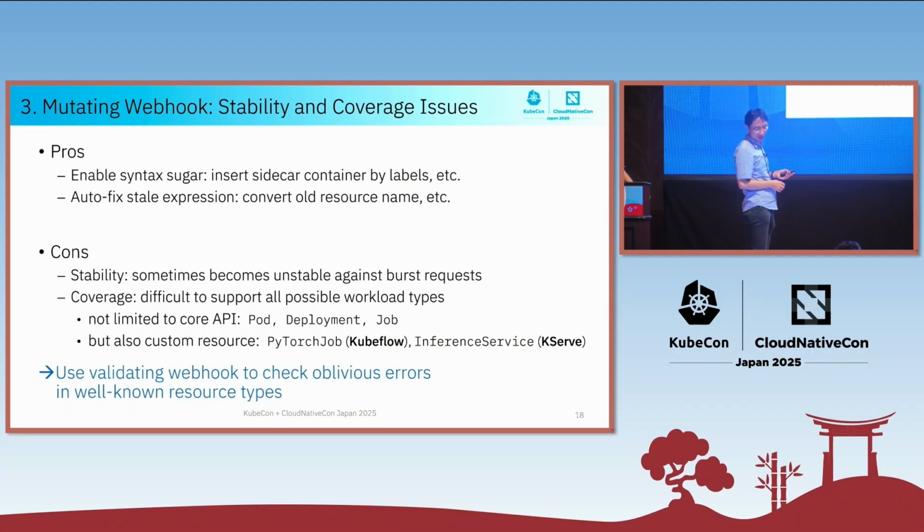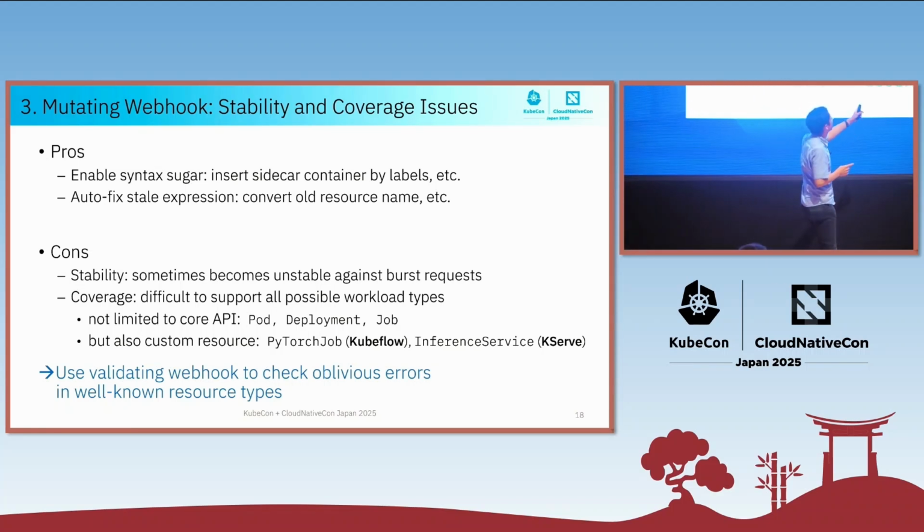And another issue is that it's difficult to support all possible workload types. So what does it mean? Mutating webhook has its configuration, and the configuration contains what is the target resource of the mutating webhook. So we first focused on the core APIs like pod, deployment, and job.